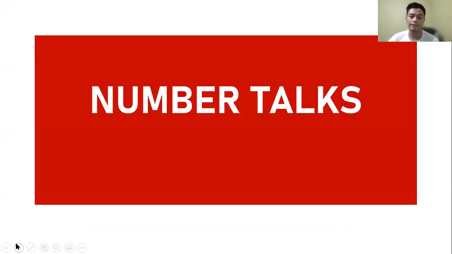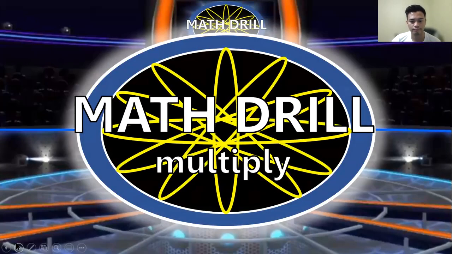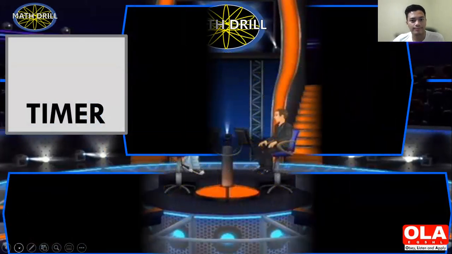Let's see. If you know some of the multiplication computation, try to do this on your own using a paper, pencil, or a whiteboard and a marker. So let's try. First one, multiply these numbers.